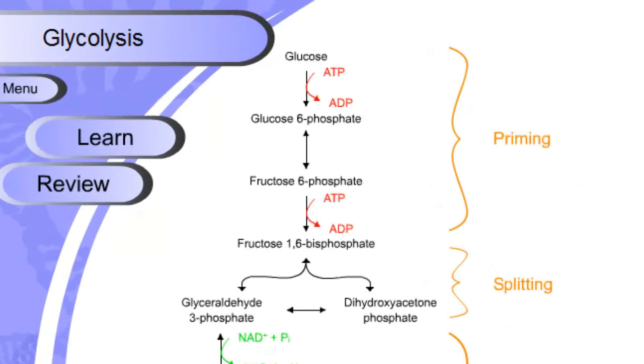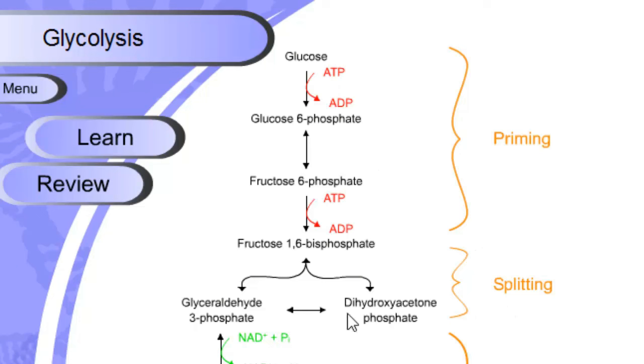Now the process of glycolysis can be divided into three different parts. The first part is known as the priming part, where the priming step involves the requirement of 2 ATP molecules. The sugar splitting stage is the second step of glycolysis.